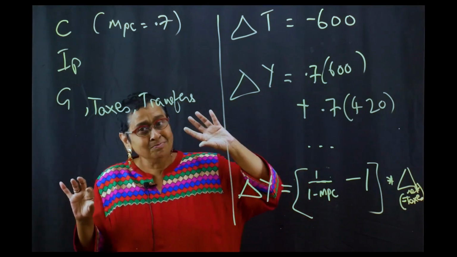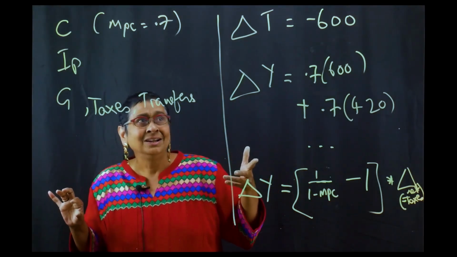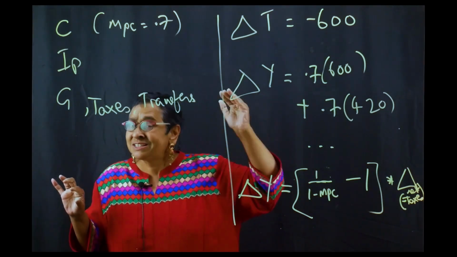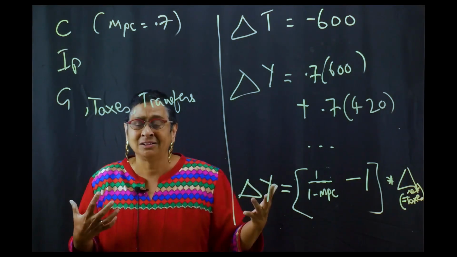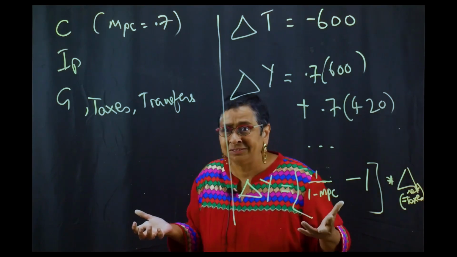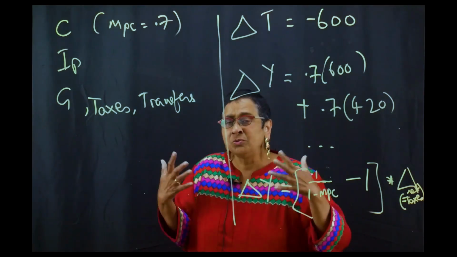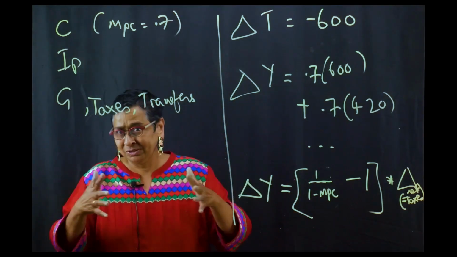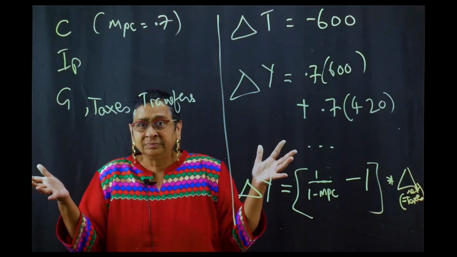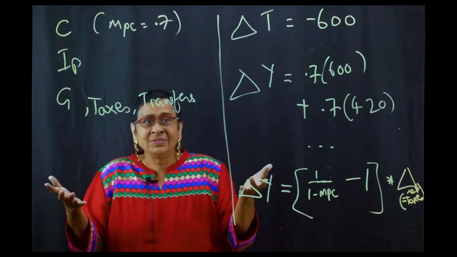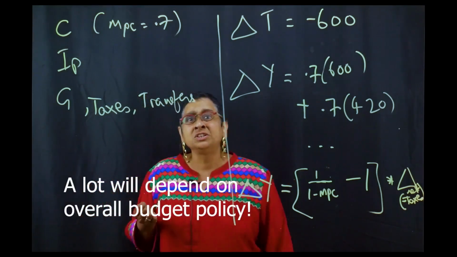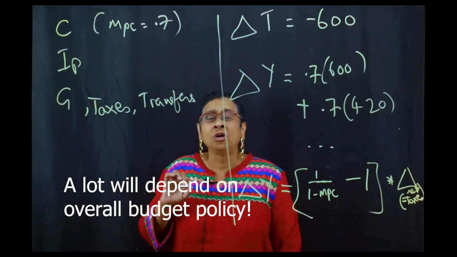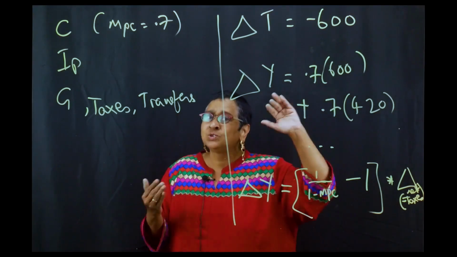But in terms of macroeconomic policy, one of the things we are going to be concerned with is that if you do find yourself needing to intervene in a way where you want to expand income, so for example, you want to try and expand production, and you're going to have to run a deficit to do it, then which makes more sense? And a lot's going to depend on overall budget policy, but this is one of the factors we keep in mind.